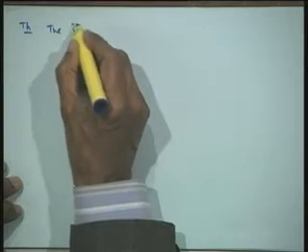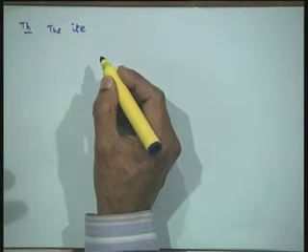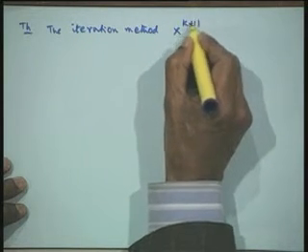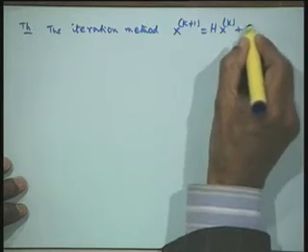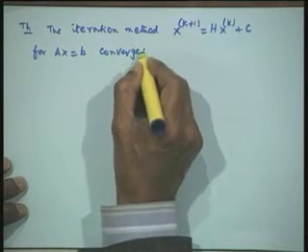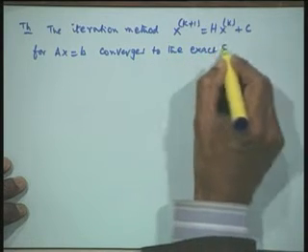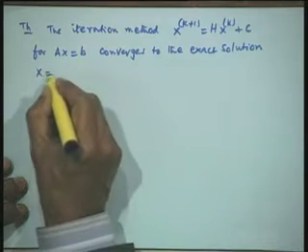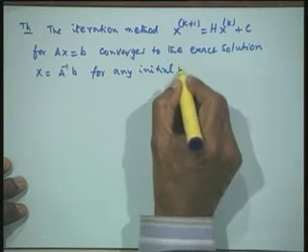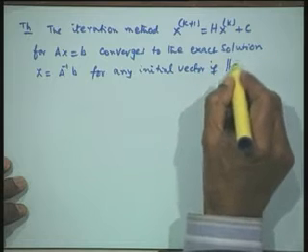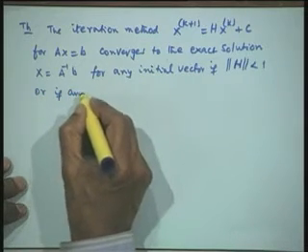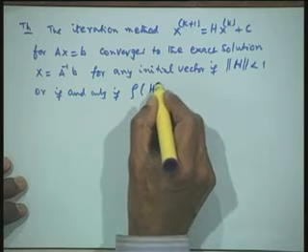Now the iteration method that we have derived for successive relaxation, Gauss-Jacobi and Gauss-Seidel, for all of them we have written it as x(k+1) equals H x(k) plus c for Ax equals b. It converges to the exact solution x equals A inverse b for any initial vector if the norm of H is less than 1, or if and only if the spectral radius of H is less than 1.